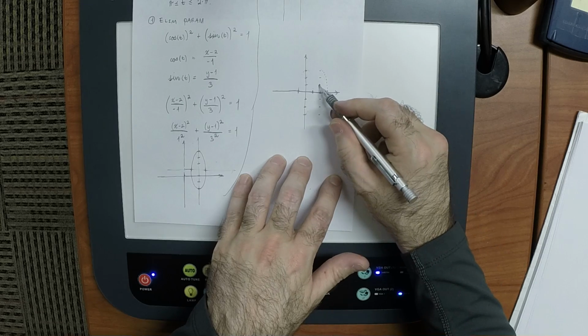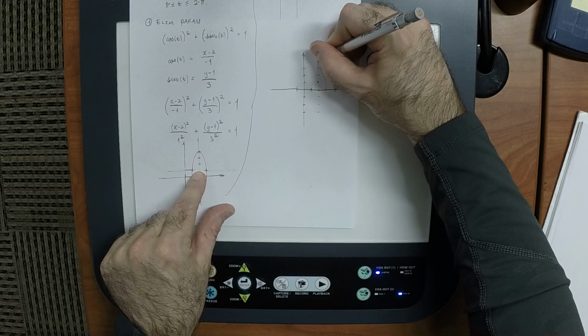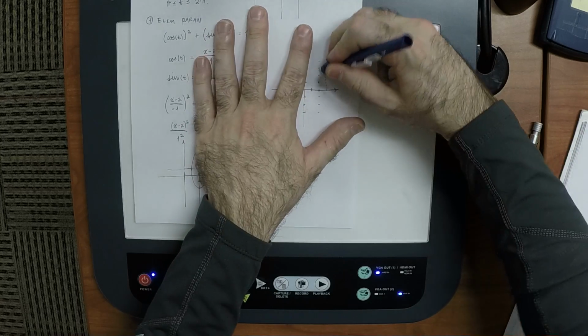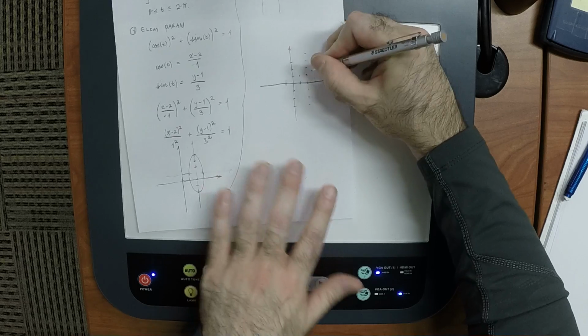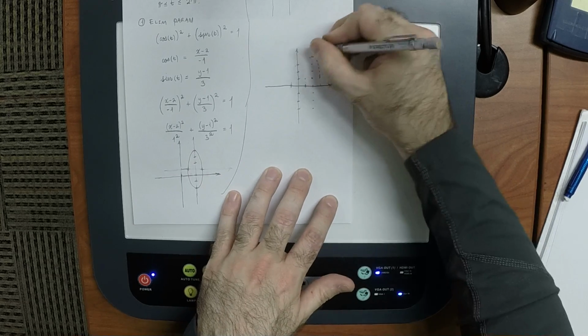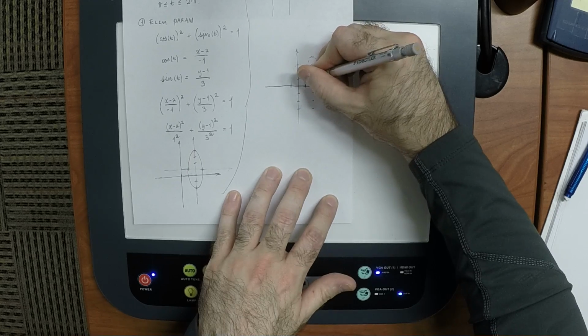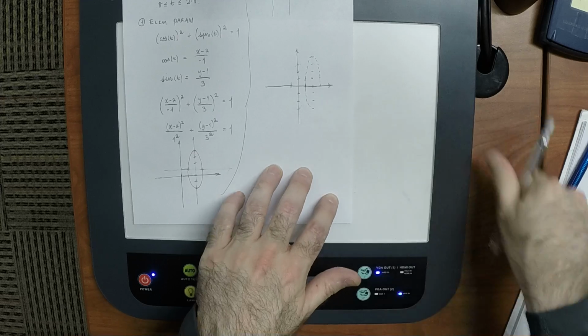No, that's not right. It has to be there. Man, I'm having some difficulty today. One, two, three.